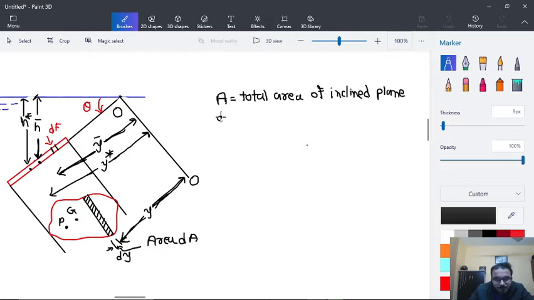Then H bar is equal to depth of COG of inclined surface from free surface.